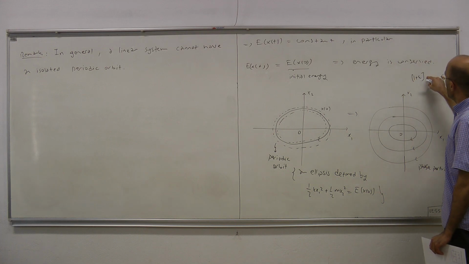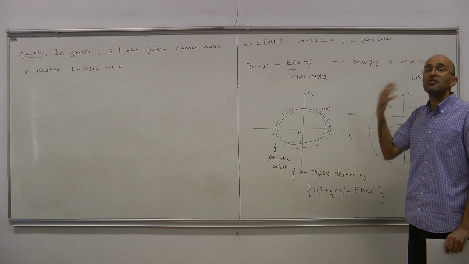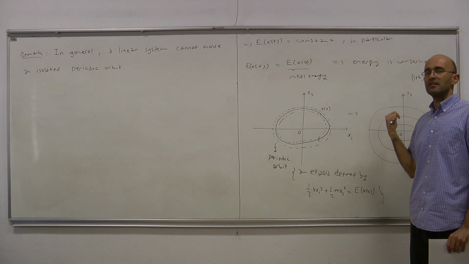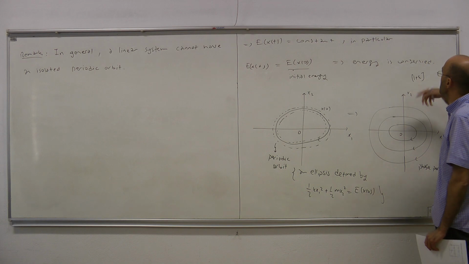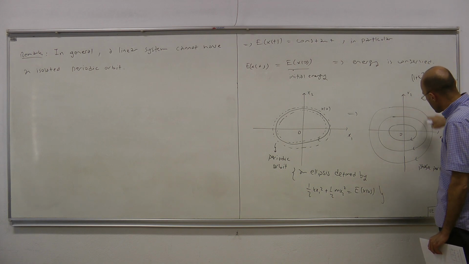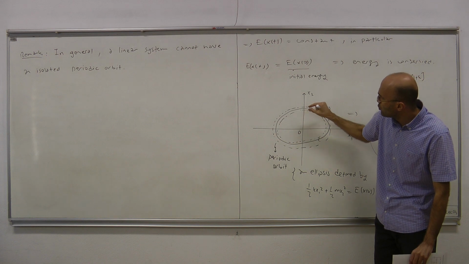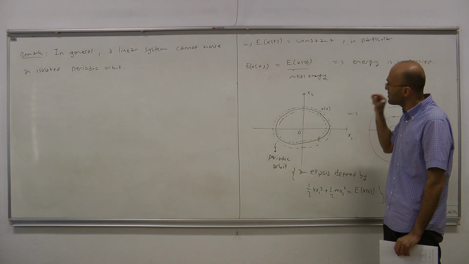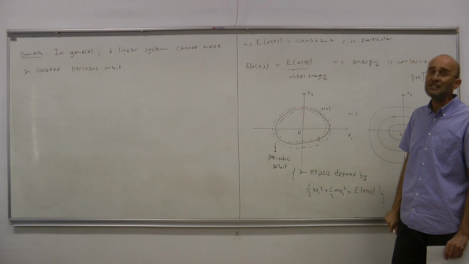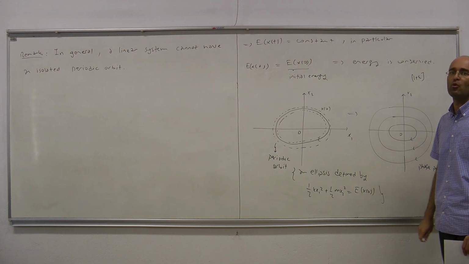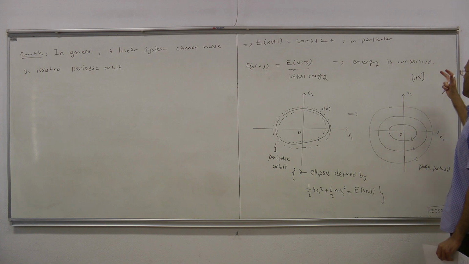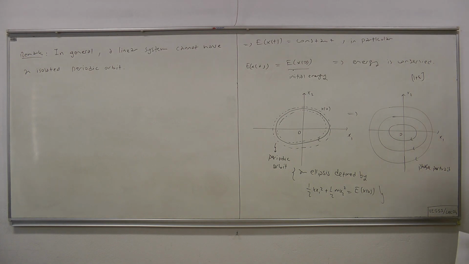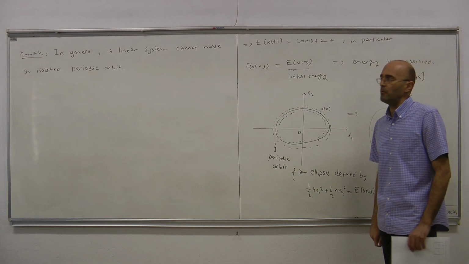Multiply that solution by 1 plus epsilon, and that is still a solution because the system is LTI. Therefore, since this epsilon is arbitrary, and it could be either positive or negative, no matter how tiny you choose the thickness of that donut, you can always fit in as many periodic orbits as you want within that envelope, if the system is linear. And so that means the linear systems cannot have isolated periodic orbits.